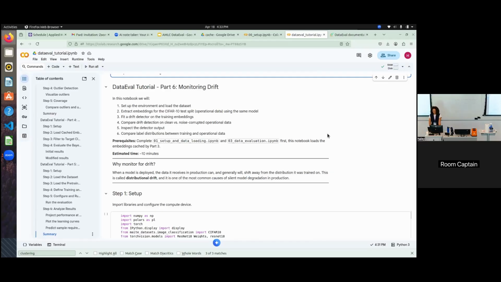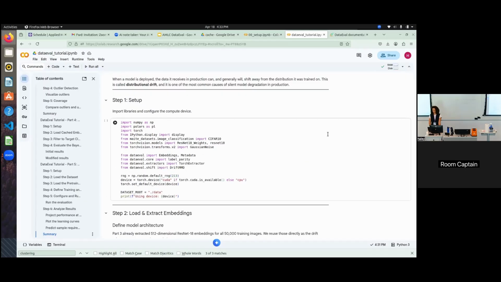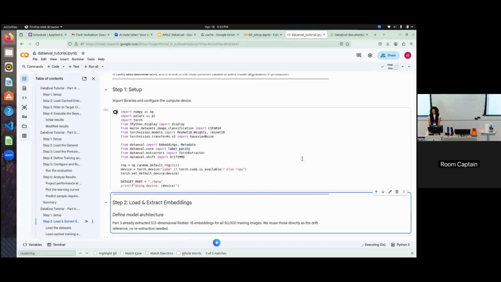And so DataEval has tools that will help you monitor that drift and check to make sure that your model is still working with the data it's being given, that the incoming data is matched to the data it was trained on, or has not drifted significantly.